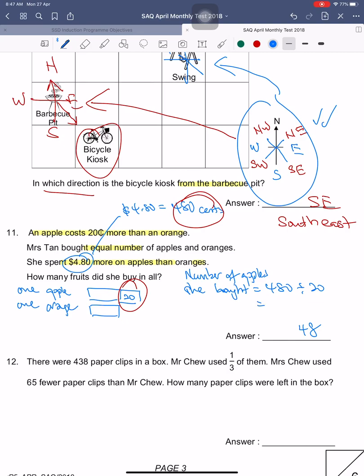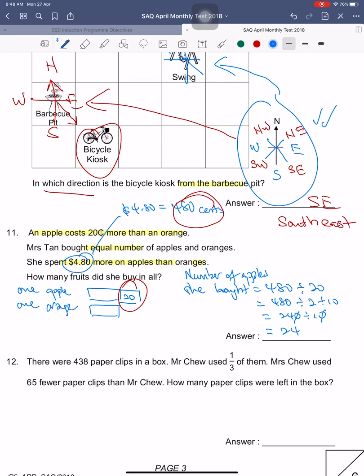That will tell us the number of apples that she bought in total. Let me erase this first. So, break it up: 20 is 2 times 10. 480 divided by 2 is 240, divided by 10 is 24, divided by 1 is 24. So in fact, she bought 24 apples. By using 480 cents divided by 20 cents, we know that she bought 24 apples.